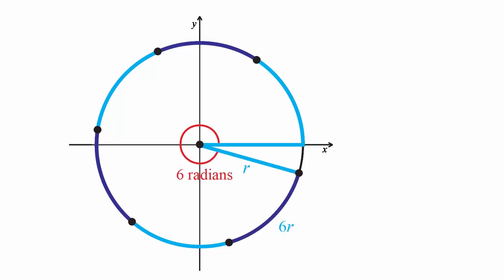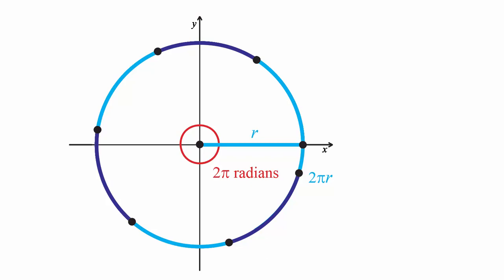6 radians takes us almost all the way around the circle, as we can see, but there's a little bit left over, and it turns out that what's left over is the difference between 6 and 2 pi. Again, pi is approximately 3.14, so 2 pi is approximately 6.28.